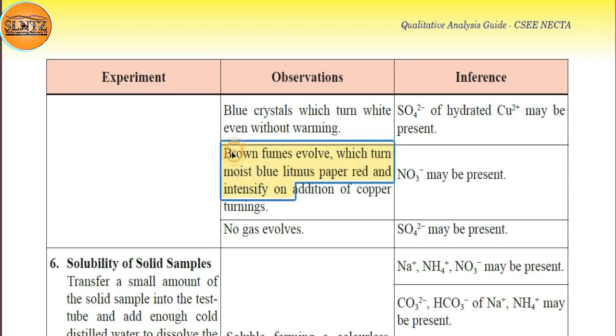But this brown fume is enough to show you that there is nitrate, even if you haven't litmus paper, even if you haven't copper turnings. Nitrate may be present when you see brown fume. That is action of the concentrated sulfuric acid.